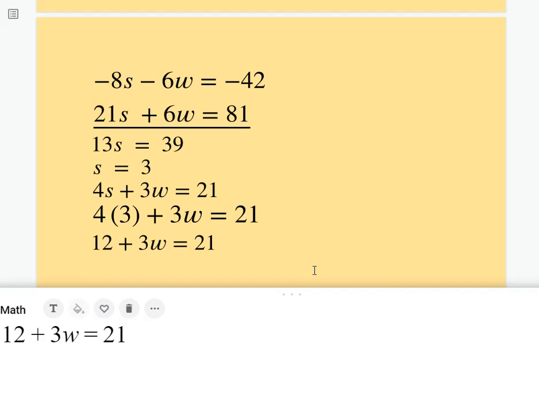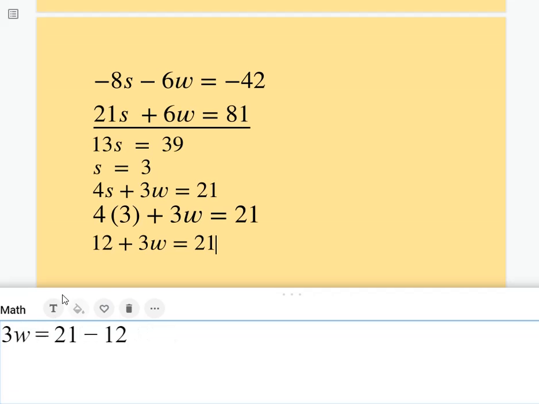You move 12 to the other side. Another way to say it is you add minus 12 to both sides. This 12 on the left side disappears, and you have minus 12 on the right side. That's basically what happens when you subtract 12 from both sides.